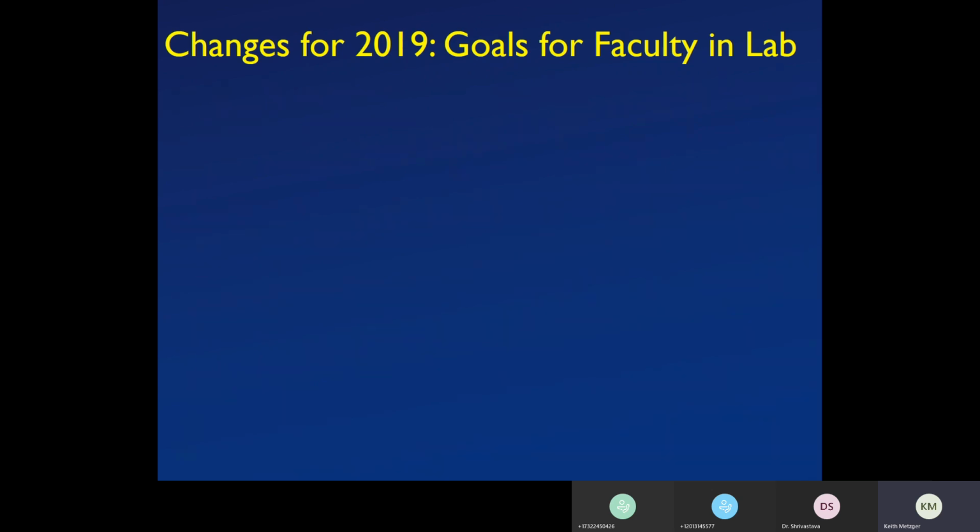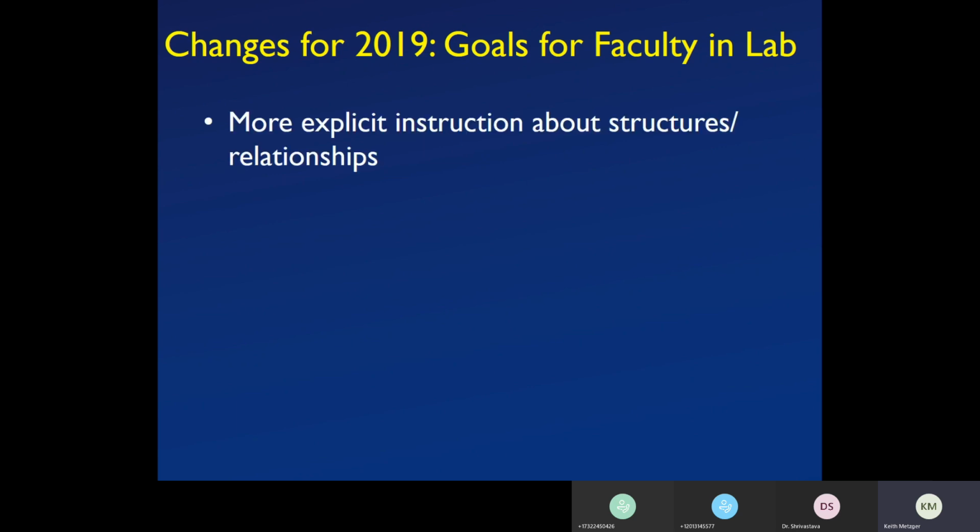But at the same time, I want to make sure that you're coming in there knowing exactly what the expectations are from us in terms of what knowledge we want you to be covering. So we will be giving you more explicit instruction about structures and relationships that we would like the students to know.